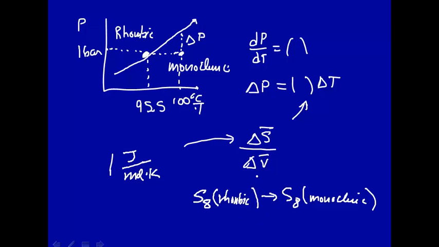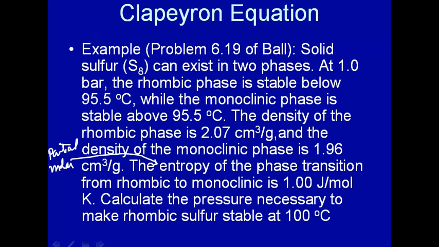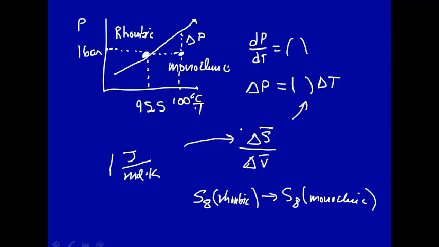All right, so what we can do, if we can figure out what the partial molar volume is of both phases, we take the final phase, subtract off the initial, and that will give us the partial molar volume change. So what are we given in the problem? We're given densities. Oh, that's interesting. So that's the volume occupied by a gram, but the partial molar volume will be the volume occupied by a mole. Oh, okay, so I think we got it.